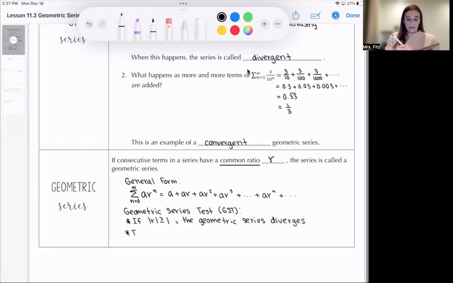However, if the absolute value of your common ratio r is less than 1, this actually means that your common ratio is between -1 and 1, right? You can also think of it in that way. Therefore, the geometric series converges.